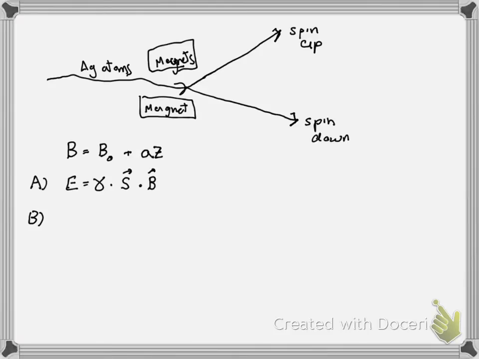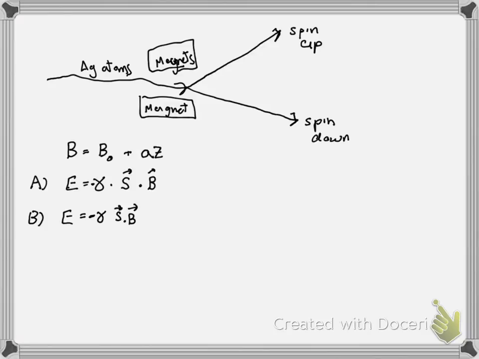Well, just as it was before, it's going to be the gyromagnetic ratio times the spin times the magnetic field. And we want it to have a lower energy if it's aligned with the field than if it's not. So we're going to stick a negative sign in front to ensure we get that result.